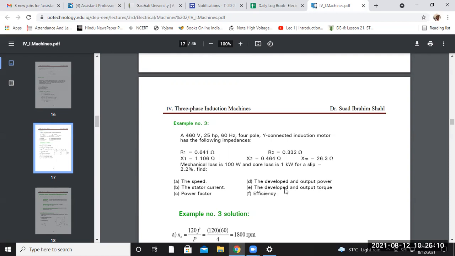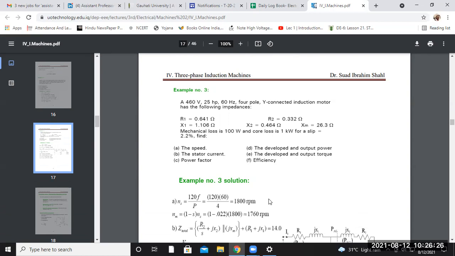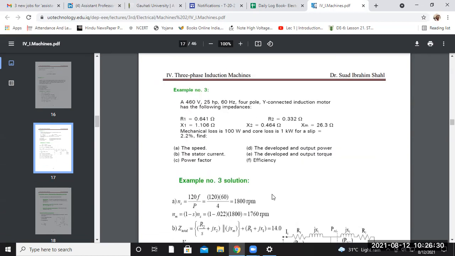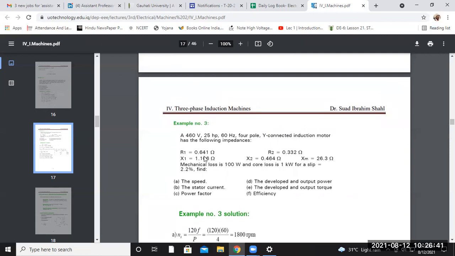In the last portion, you have to find the developed and output torque, the power factor, and the efficiency. As we have already discussed two examples related to the induction machine, I am not going into much detail with this numerical, but I will briefly explain how you can calculate.